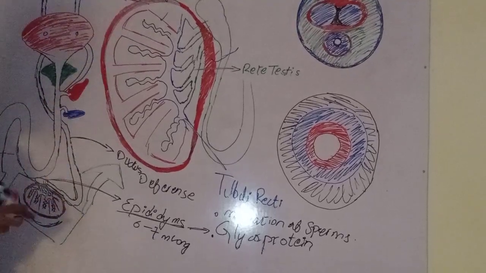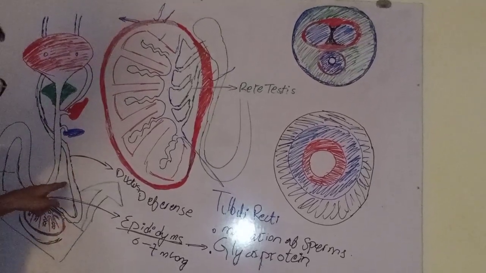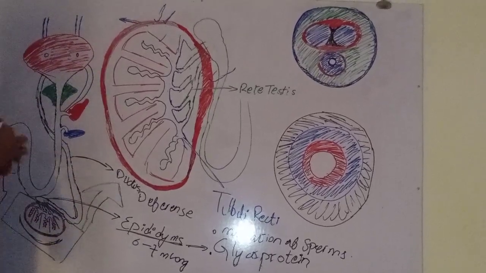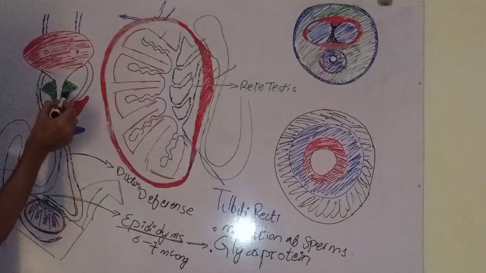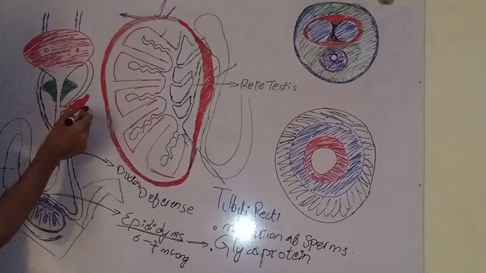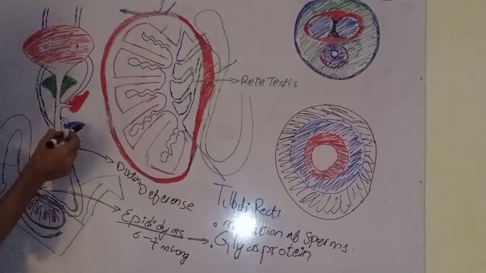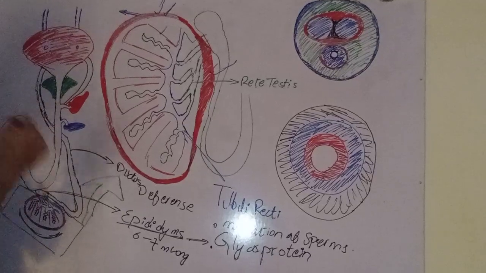Looking here, this is the ductus deferens, and these are three accessory glands of the male reproductive system. This is the prostate gland, this is the seminal vesicle, and these are the bulbourethral glands.